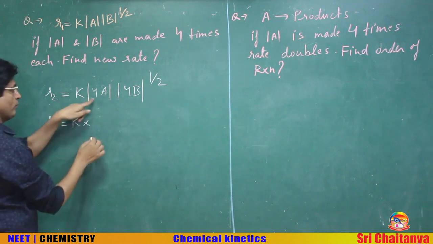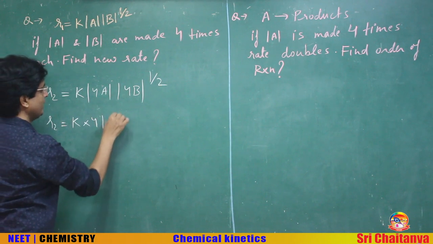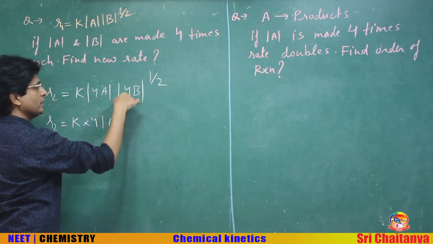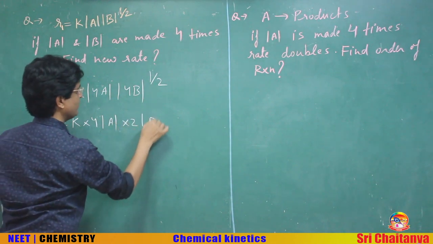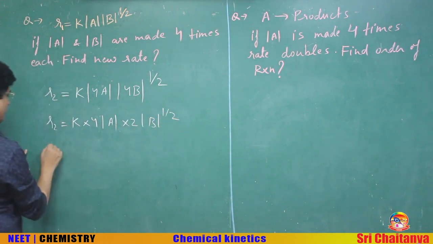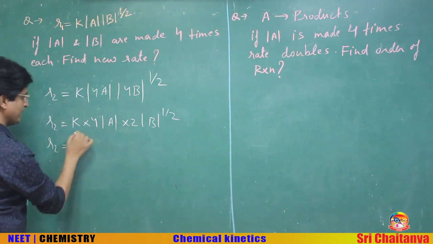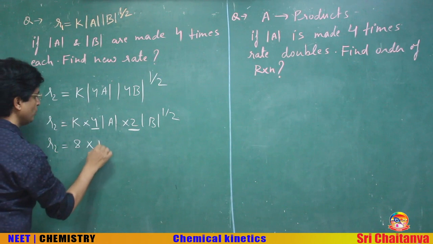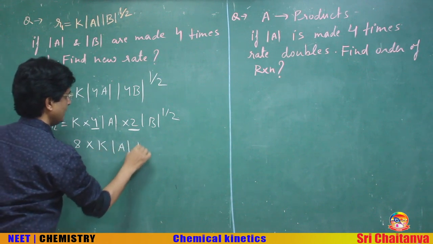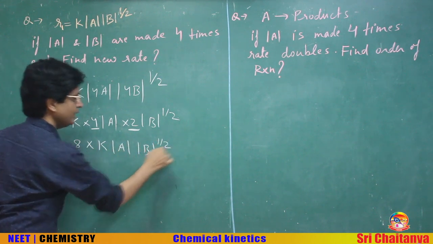Take out 4 from here. This will be 4 into A and take out square root of 4 from here. That will be 2 and that will be B to the power of 1 by 2. This can be written as 4 into 2, that will be 8. 8 into K A B to the power of 1 by 2.